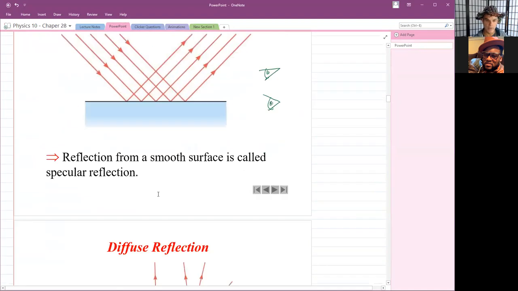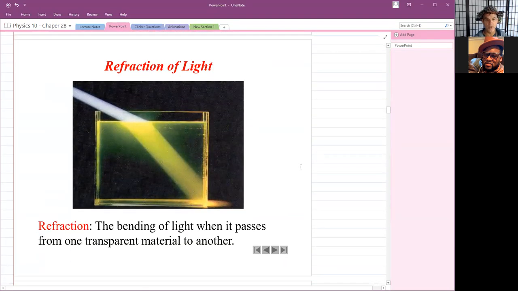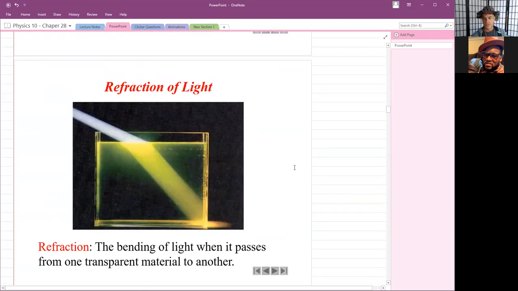Most material, however, is not smooth at the atomic level, it's rough. And because of that, the light reflects in all different directions, so I can see this object pretty much no matter where I am. Okay, so here's a great little example of refraction. This is just a beam of light coming in, kind of hard to see, but there is a little bit of light that does get reflected here.